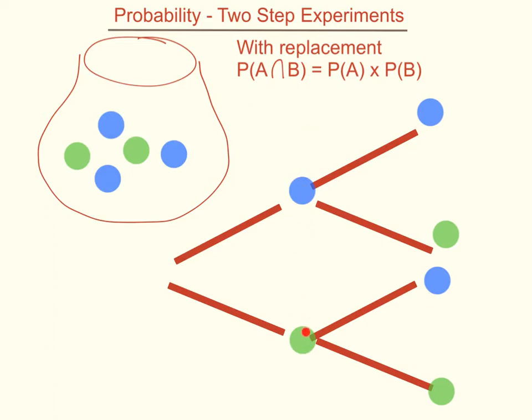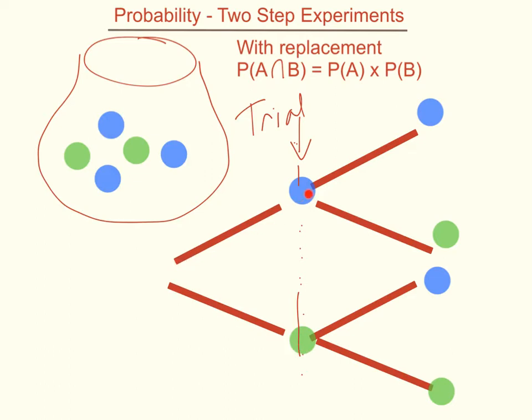And there are 2 things that can happen. I can get a blue or a green. So this section here is the first trial, the first time I take something out, and it goes all the way down here. So all these things are the possibilities in the first trial. The possibilities are I could get a blue or a green.